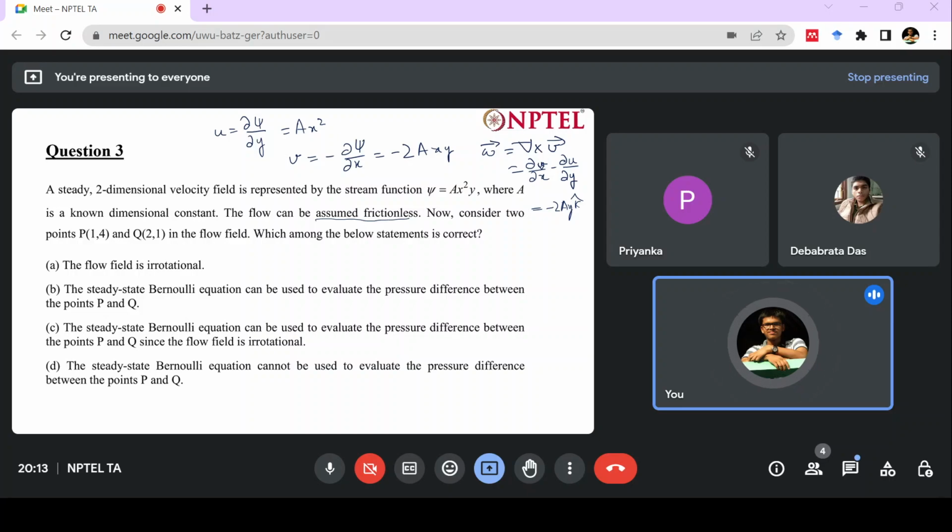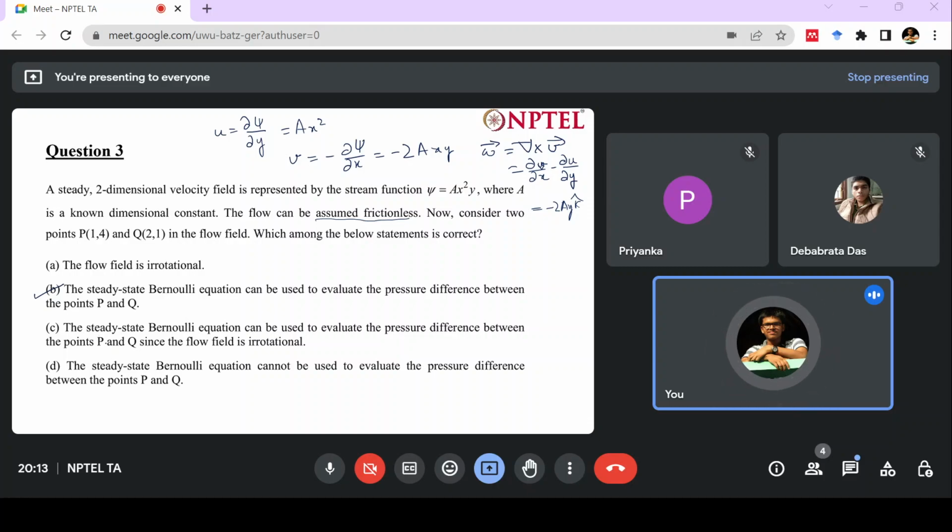But here, the off-diagonal terms will still play a role. If the off-diagonal components of the velocity gradients are also zero, then we can neglect that too. But here it's already mentioned that the flow is frictionless, so you do not have to worry about the velocity gradients. Otherwise, you would have to check that. So here we can already see that this second option is correct.